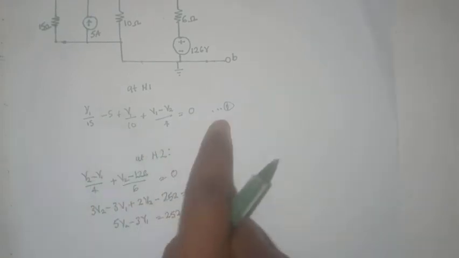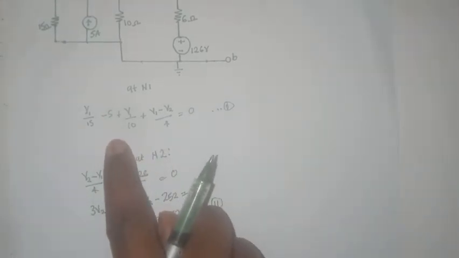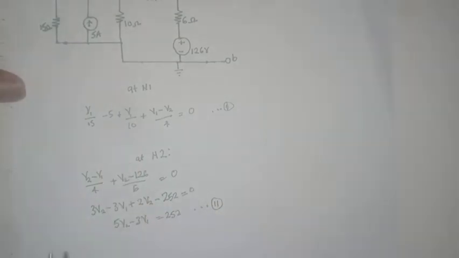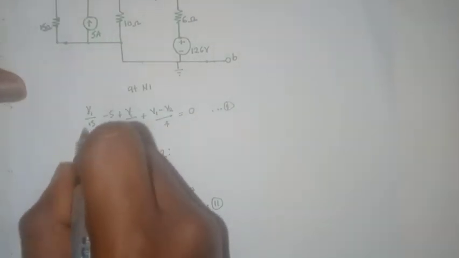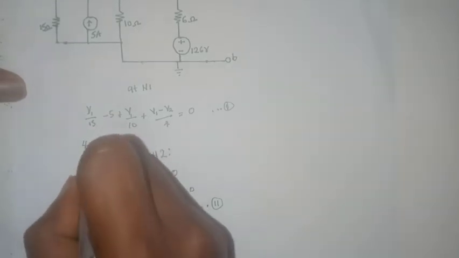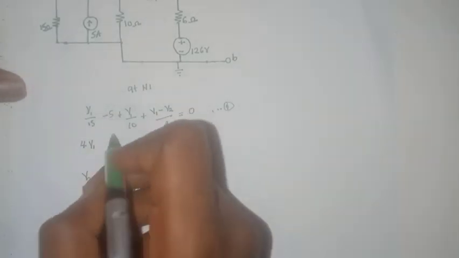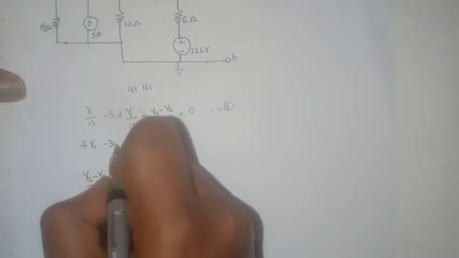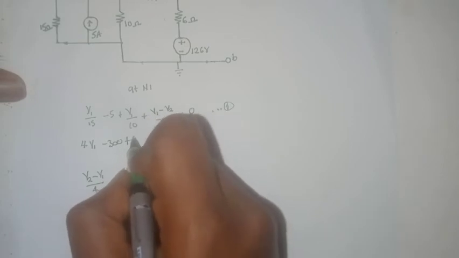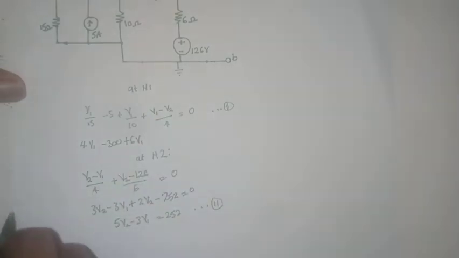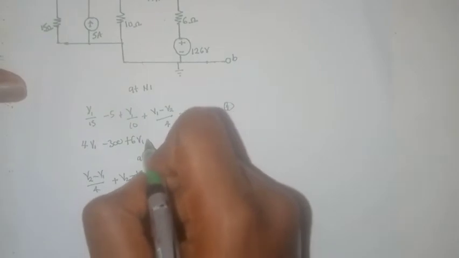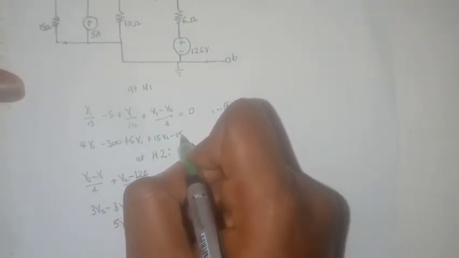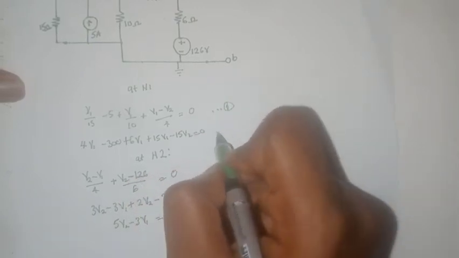Just remember that we didn't simplify the first equation, so we can simply multiply through by 60. If we multiply through by 60, we would have 4V1 minus 300 plus 6V1 plus 15V1 minus 15V2 equals 0.